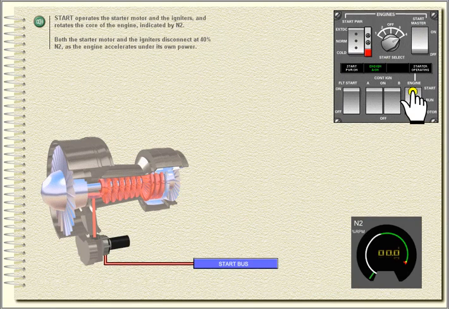Start operates the starter motor and the igniters and rotates the core of the engine, indicated by N2. Both the starter motor and the igniters disconnect at 40% N2 as the engine accelerates under its own power.